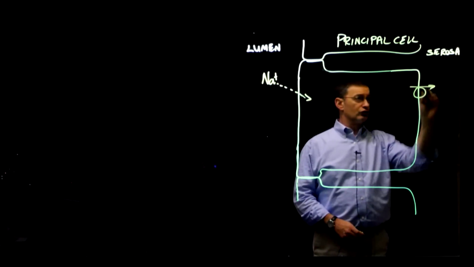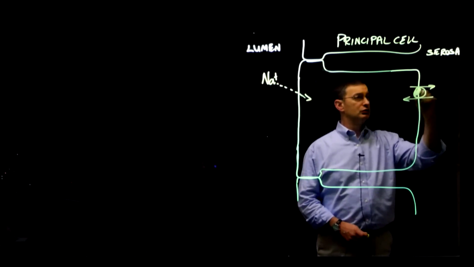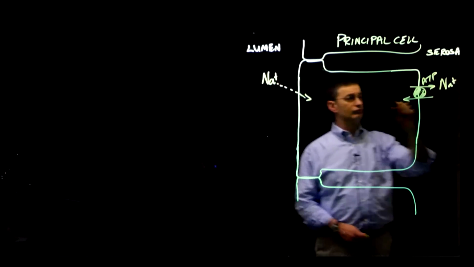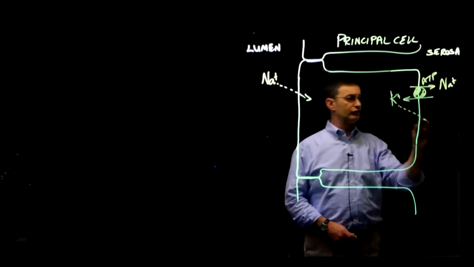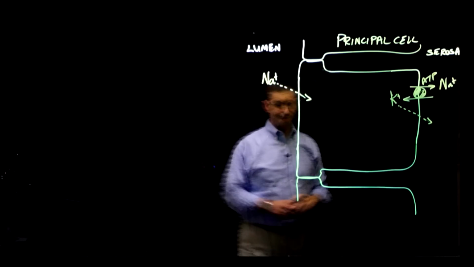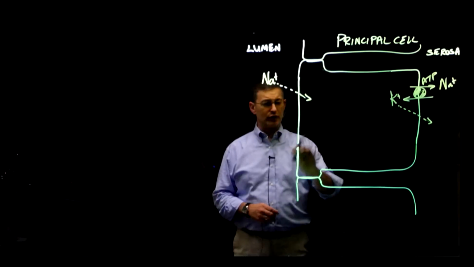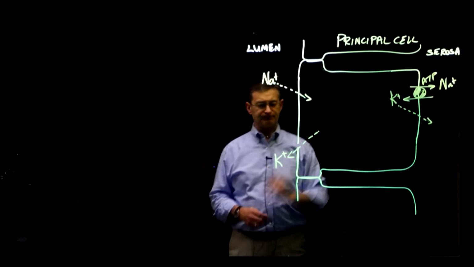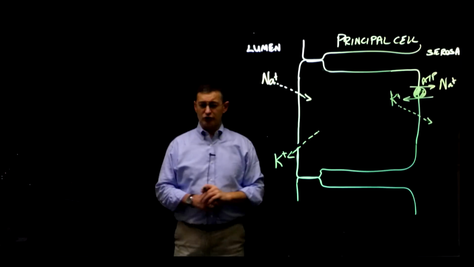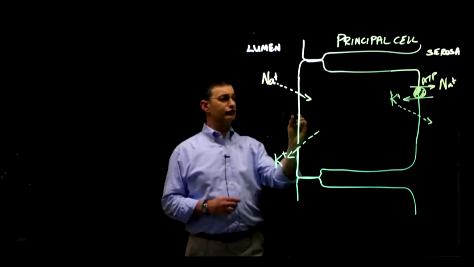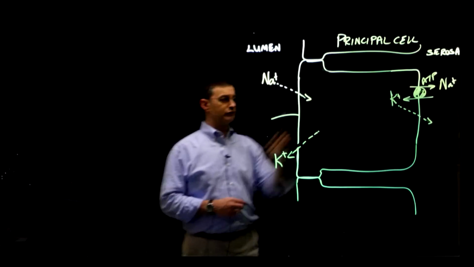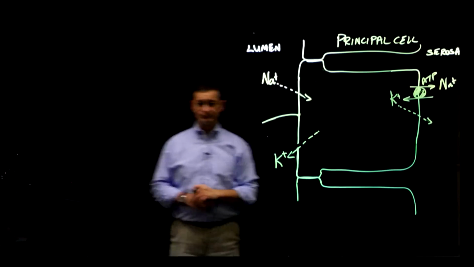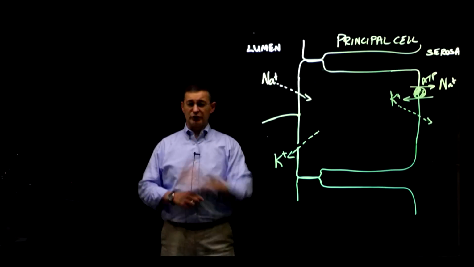It has, of course, the basolateral sodium-potassium ATPase with its associated pump leak. And it also has a luminal potassium channel. Ultrastructurally, the cell also has a central cilium, which acts as a mechanoreceptor. And we'll talk about that in a second.